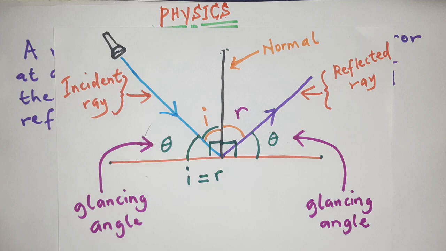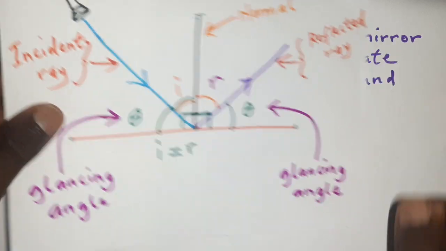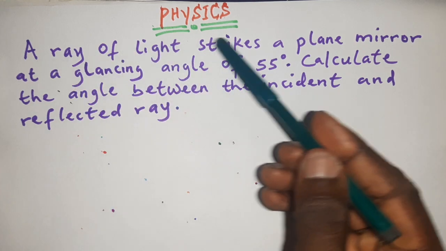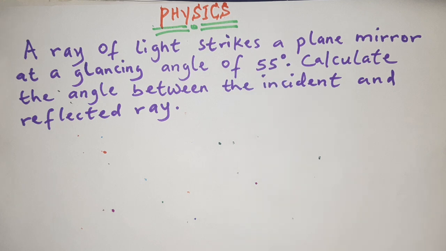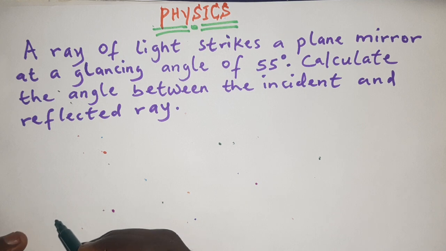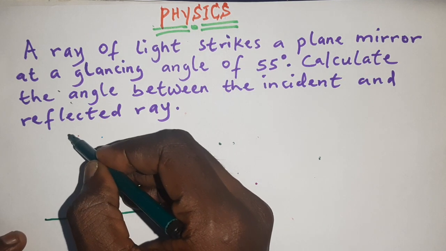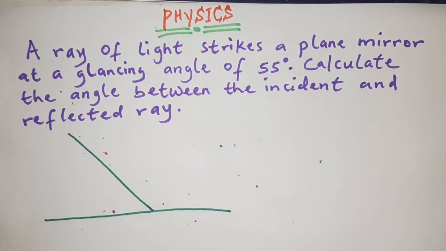So that's it. So we can now go straight to the question, since I've given you the foundation of reflection of light. They said a ray of light strikes a plane mirror at a glancing angle of 55 degrees. So let me assume that this is my plane mirror, and I have my incident ray coming, and of course I'll have to draw my normal immediately.